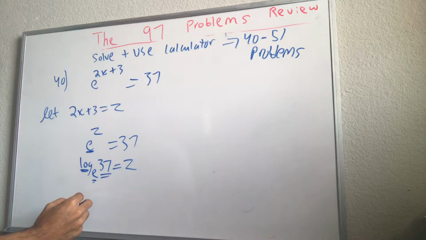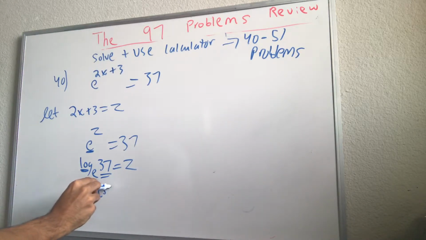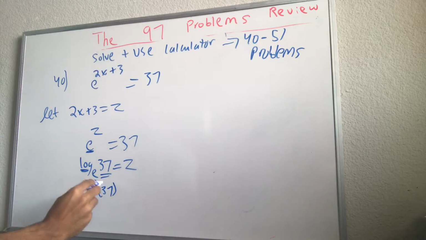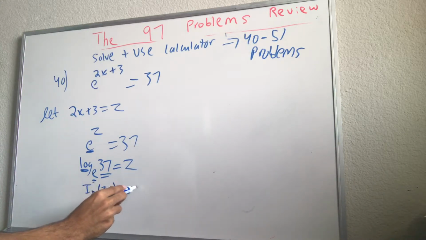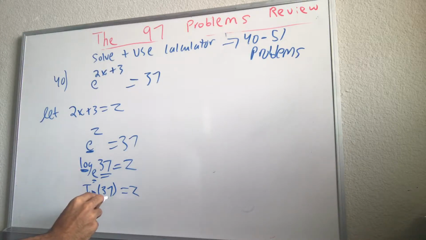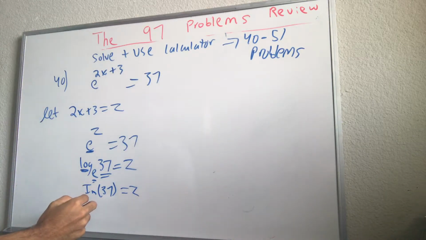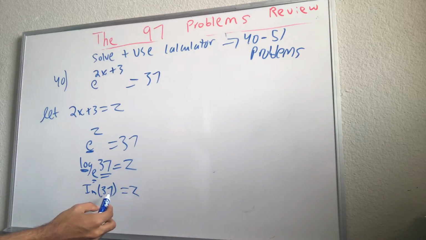Really, log base e of 37 is ln of 37, and you have that function on your calculator, so that is equal to z. And so you can evaluate the value for z, and then plug that value back into this equation, because you know that z is equal to 2x plus 3.